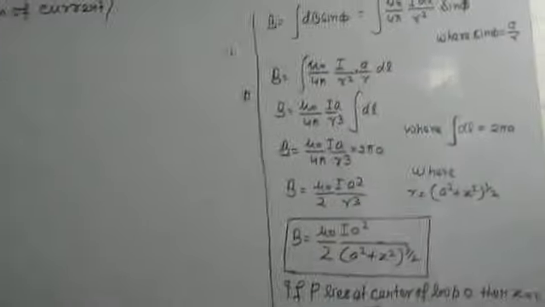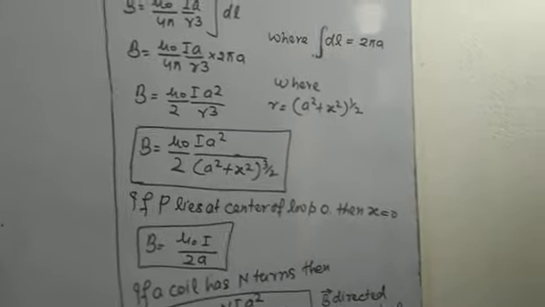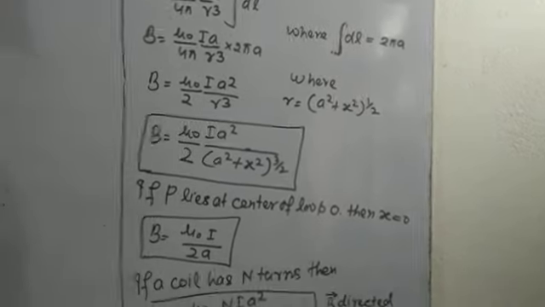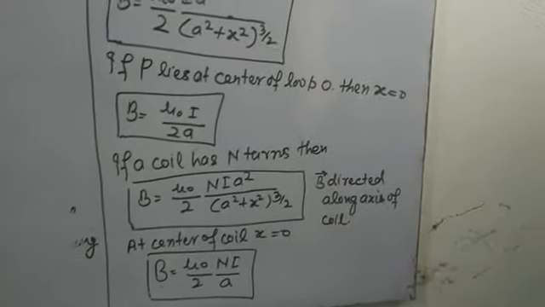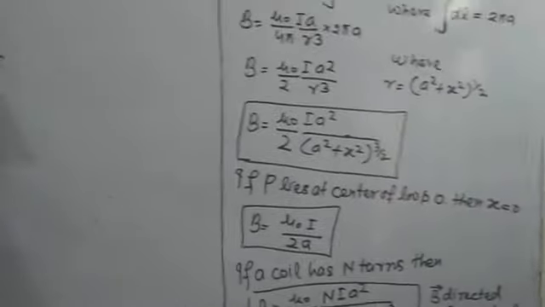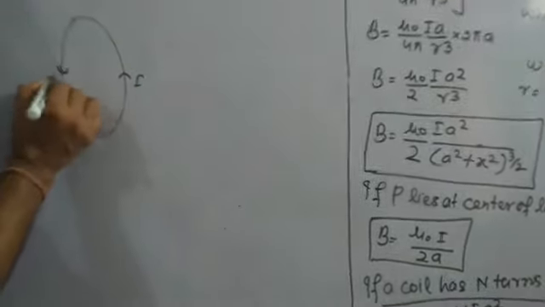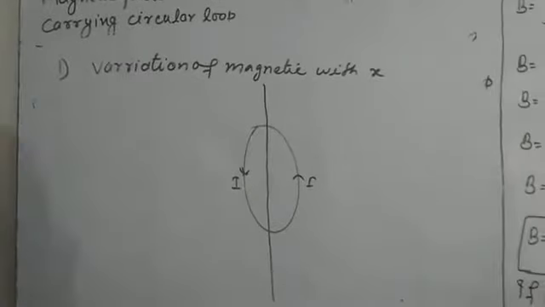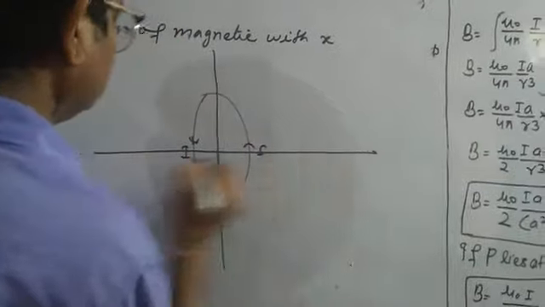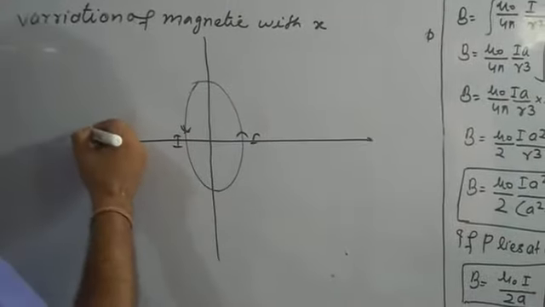Variation of magnetic field with x. This means along the axis.